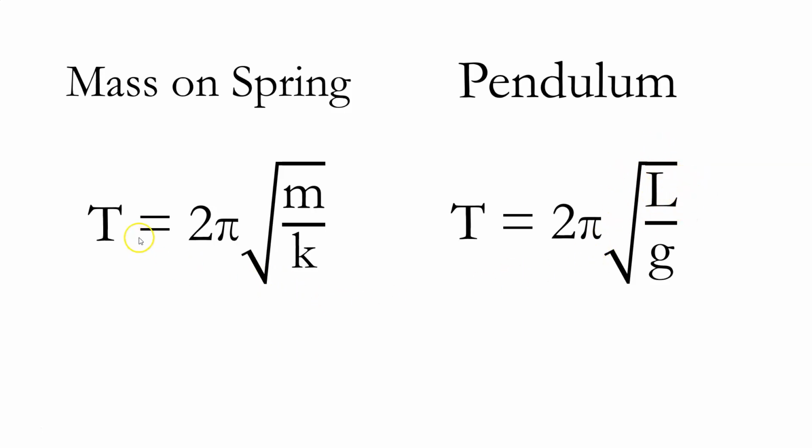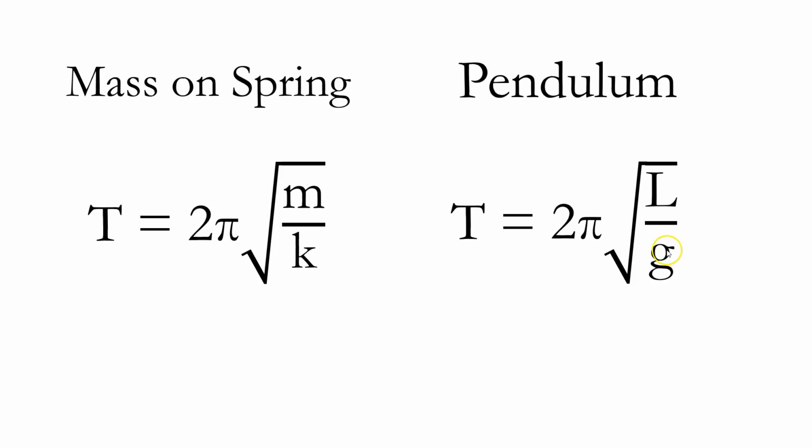It looks like on a mass on a spring, the factor that makes the period shorter is the spring constant. Why does the spring constant cause the period to be shorter? And then for a pendulum, the thing that causes the period to be shorter is the gravitational field strength. So I'll ask you that question.